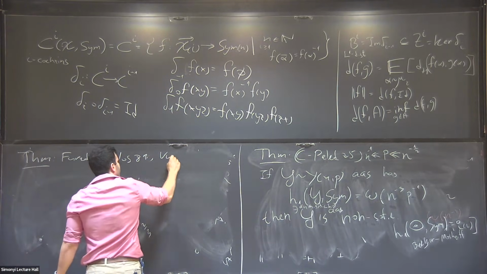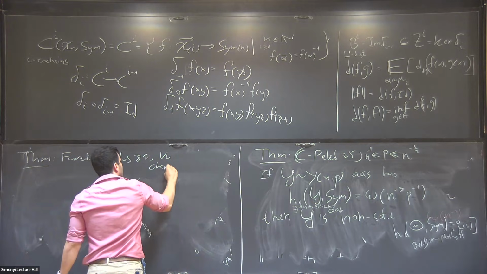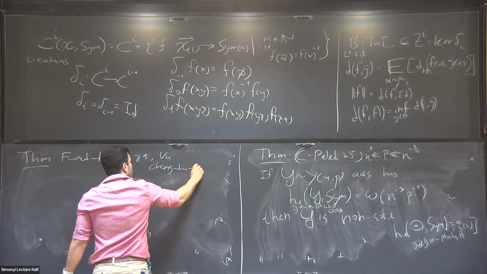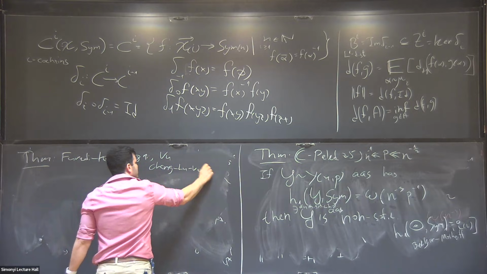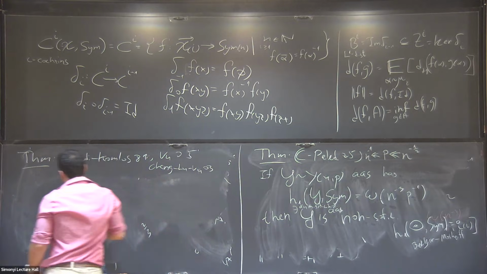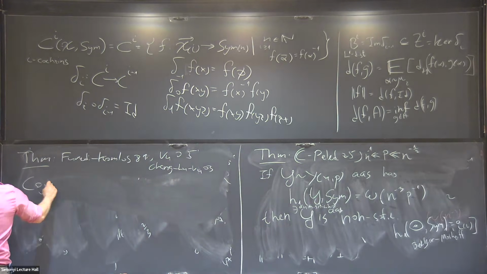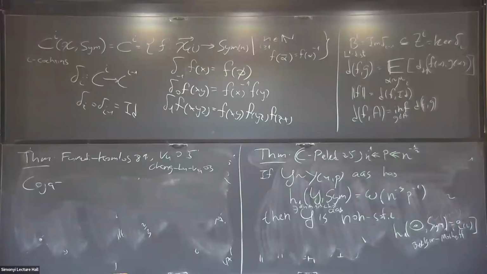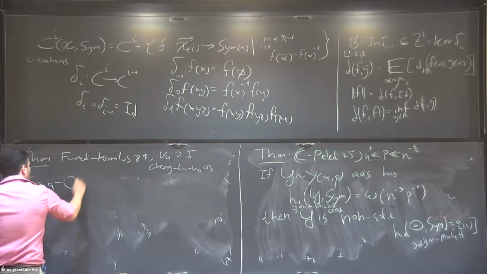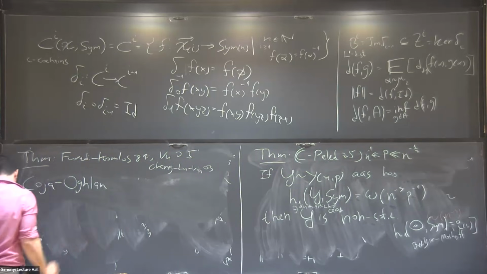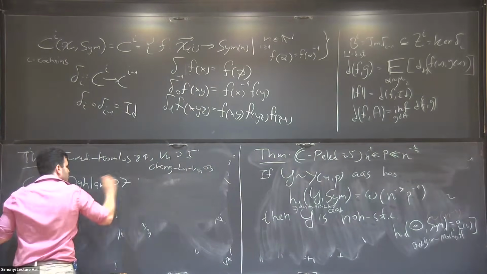Then Wu and Chang, Liu and Wu, from, I think this is 2003, this is 2005. I'm not sure how to say its name. Koja or Oglan. I'm not sure. From 2007.